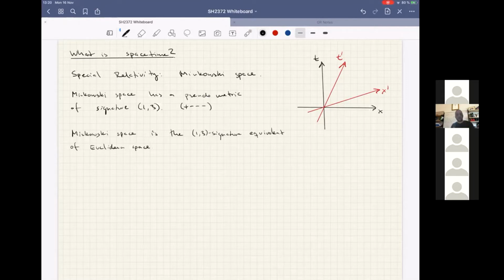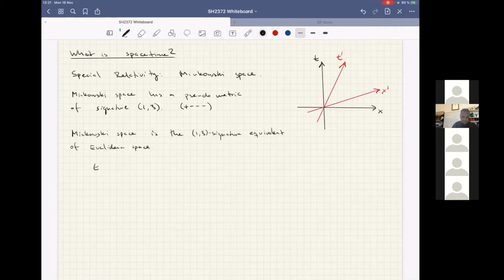So with that, I mean that it's a space which has this pseudo metric rather than the metric of Euclidean space, but it's flat and it is an affine space. So we're going to see many similarities between Euclidean space and Minkowski space.